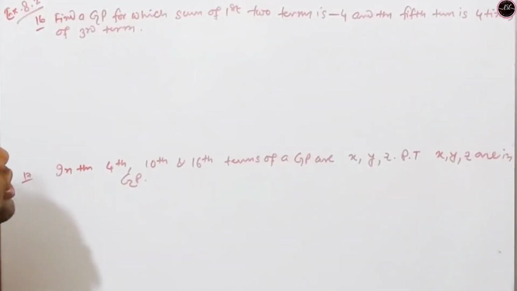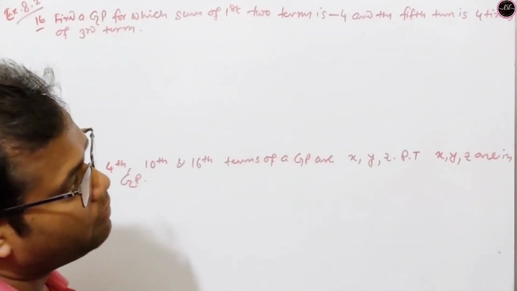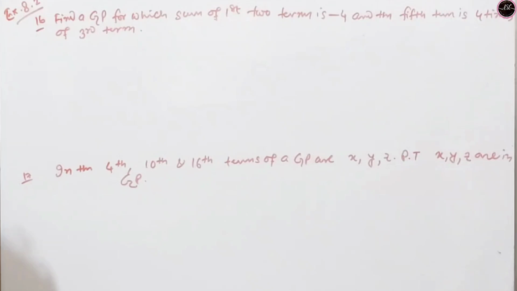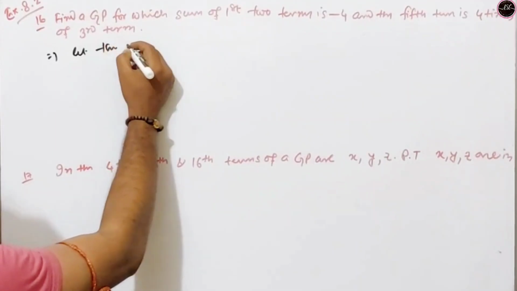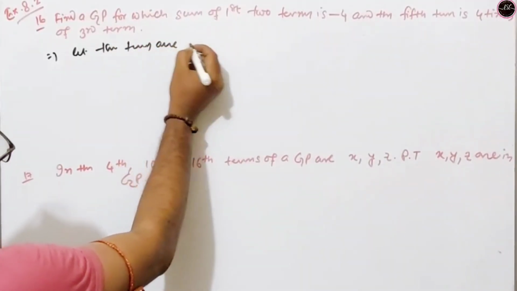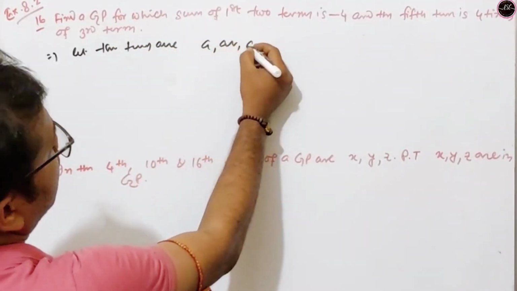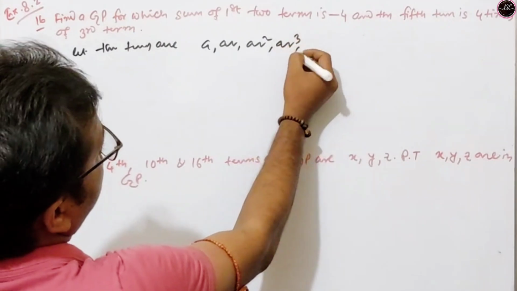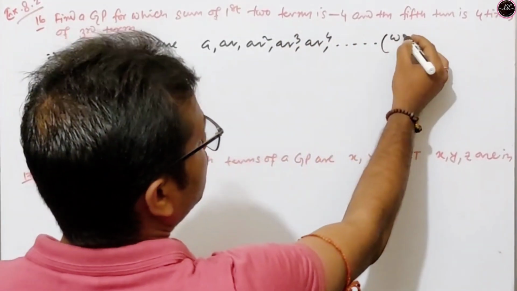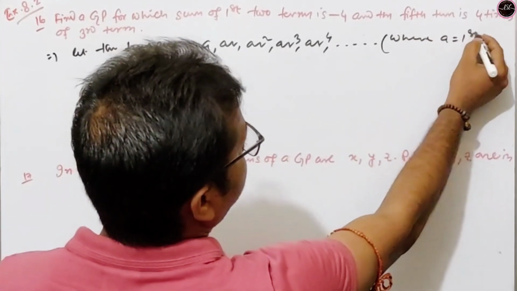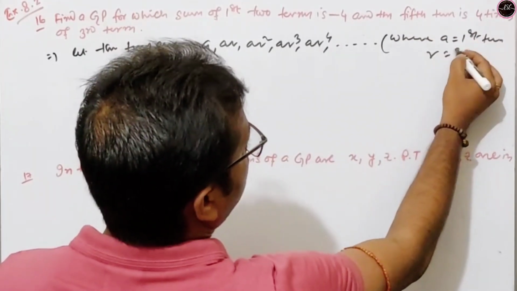Okay. Look at this question. Find the GP for which sum of first two terms is -4 and the fifth term is 4 times the third term. Okay. So here let the terms be a, ar, ar square, ar cube, ar to the power 4, where a equal to first term, r equal to common ratio.